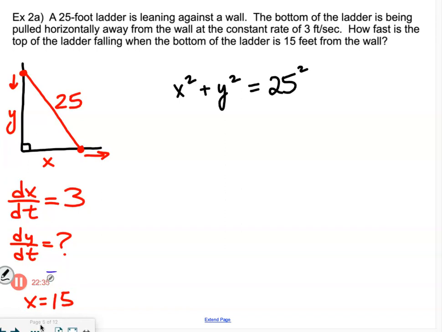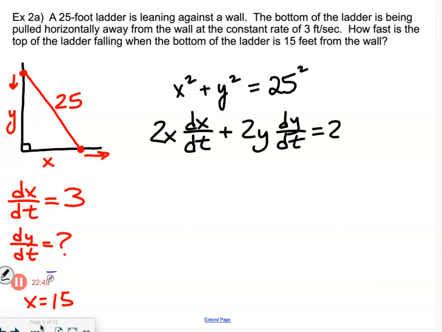What's the derivative of x squared? 2x dx/dt. What's the derivative of y squared? 2y dy/dt equals 2 times 25 d25/dt.